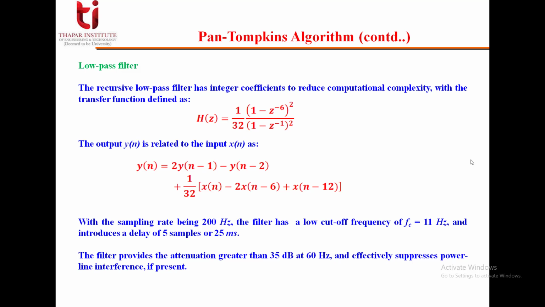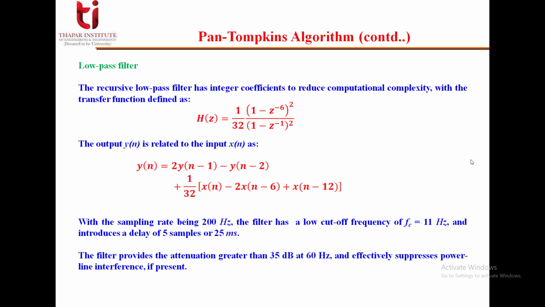So you will get the equation as y(n) equal to 2 times y(n minus 1) minus y(n minus 2) plus 1 by 32 times x(n) minus 2x(n minus 6) plus x(n minus 12).